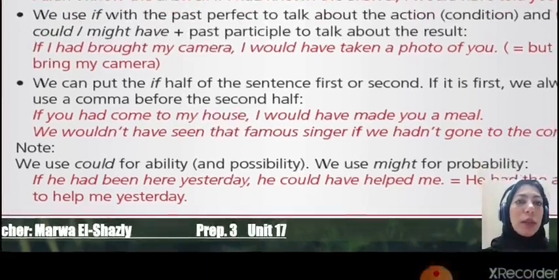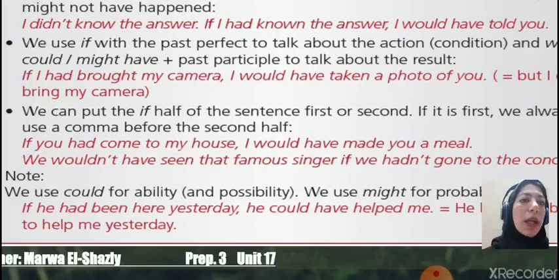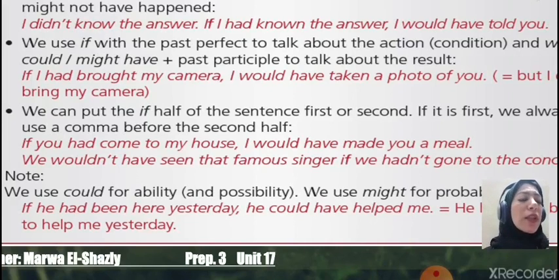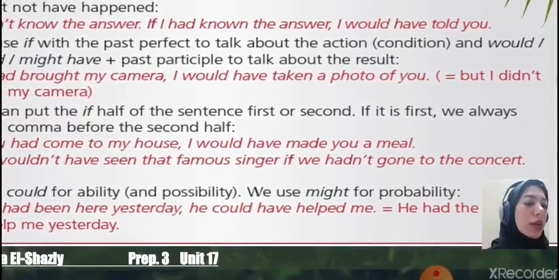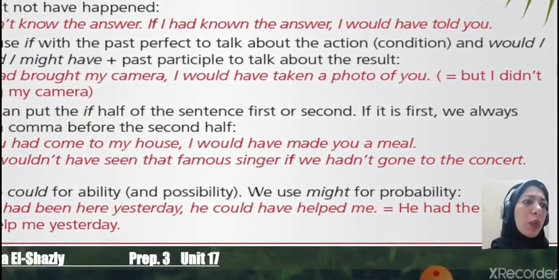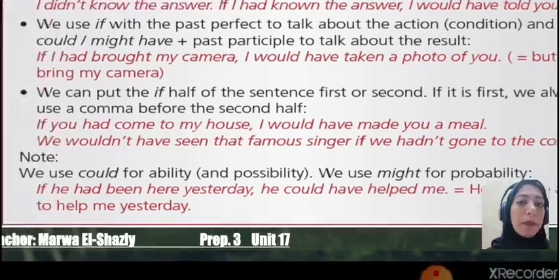Let's read the example. If I had come to my house, I would have made you a meal. We notice here that if is mentioned at the beginning. That's why we put a comma between the two halves. Okay, let's read the other example. We wouldn't have seen that famous singer if we hadn't gone to the concert. We notice here that if is in the middle, so we don't have to put a comma.